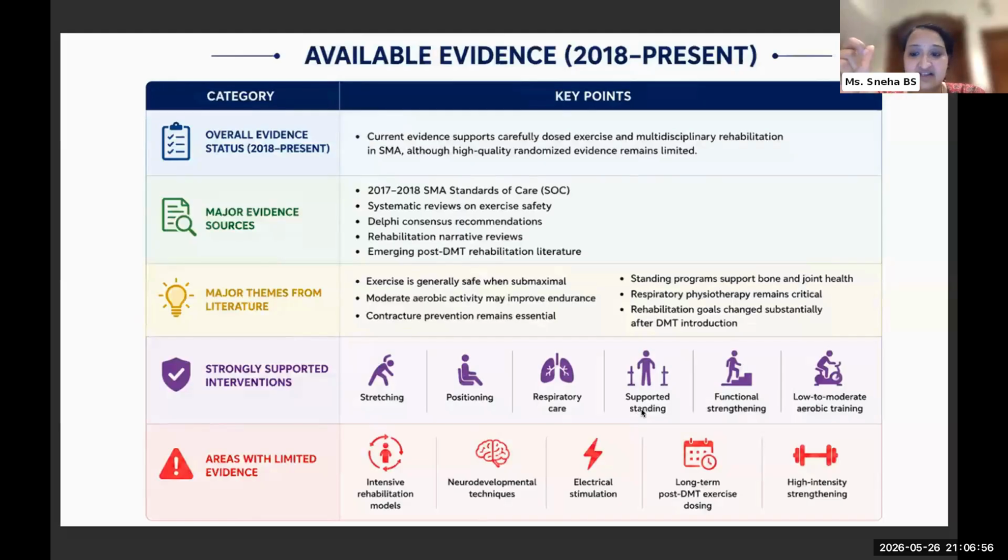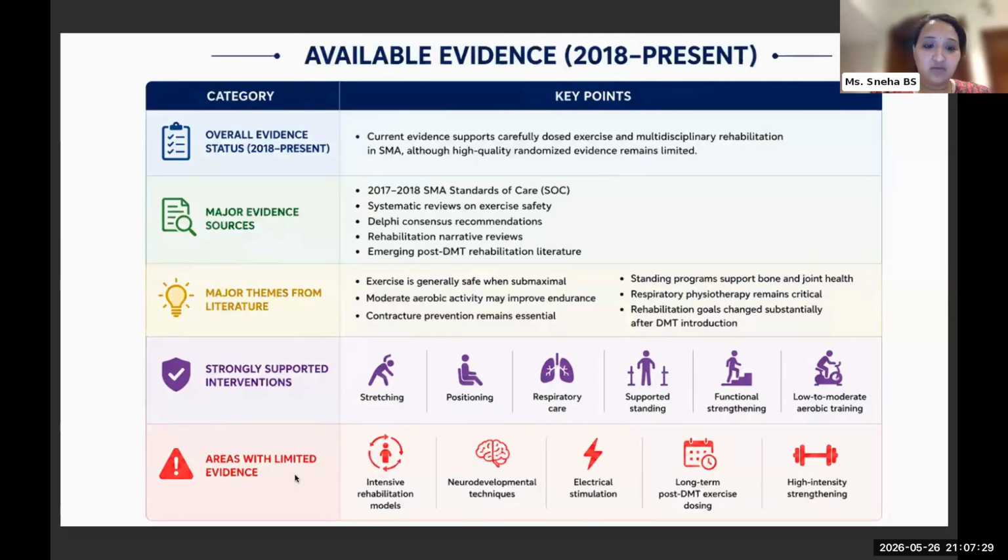Taking it to the next level is allowed, but the intensity has to be low to moderate. That is what the literature says right now. Exercise is generally safe when it is submaximal. Moderate aerobic exercises, contracture prevention remains absolutely essential at all phases. Standing programs for bone and joint health, respiratory physiotherapy remains critical. Rehabilitation goals change substantially after DMTs, as I said, taking it up a notch, but in a gradual and cautious manner.